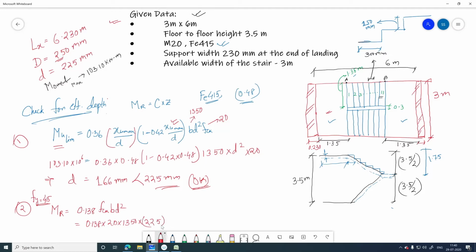Okay, so this is square. So ultimately the value that you get is 188.62 kilonewton meter, which is greater than the maximum moment which is generated over here, that is 103.10 kilonewton meter. So that is why it is also safe. Okay, so using any one of these two methods you can check for the effective depth. So very simple. So let's go to the next step.